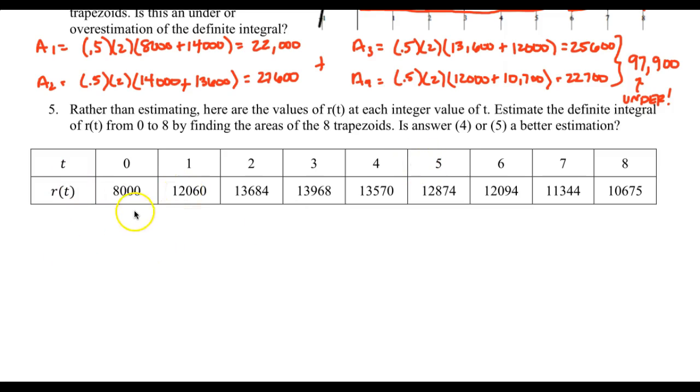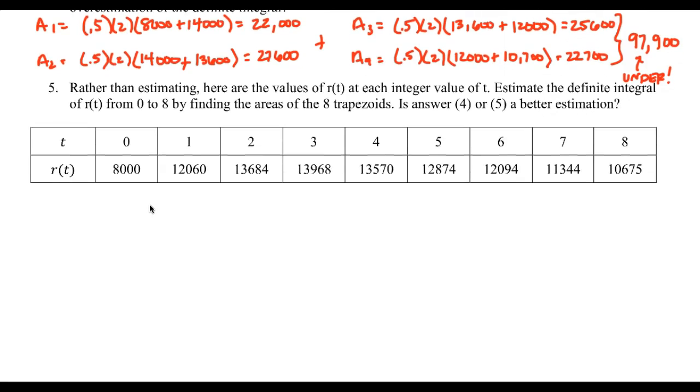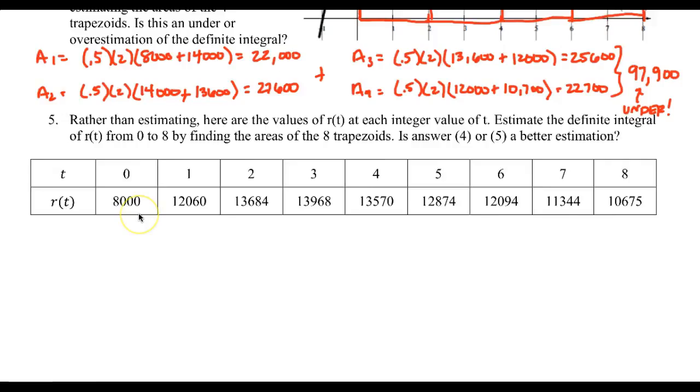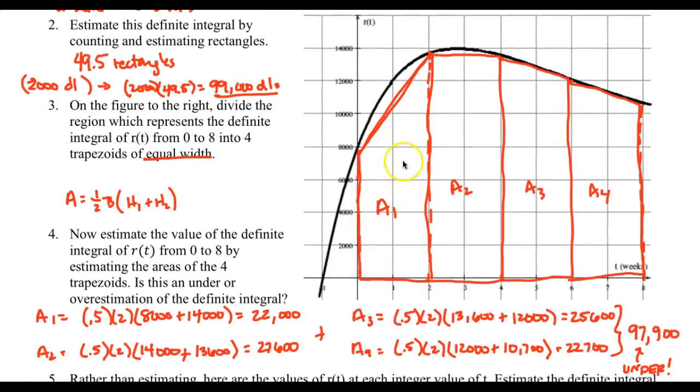Now, how many trapezoids am I going to use here? Well, now that I have all these different numbers, I can use more and more trapezoids. And you can imagine, as the number of trapezoids increases, the better estimation I'm going to have of the area underneath there. So let's take a look.